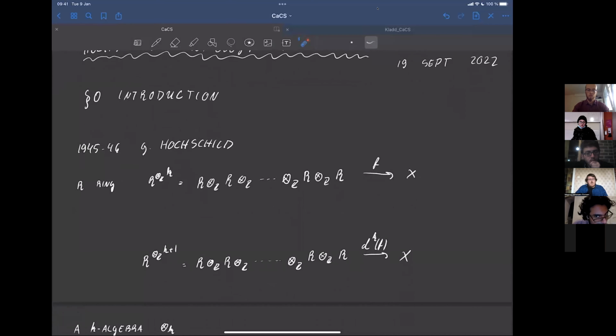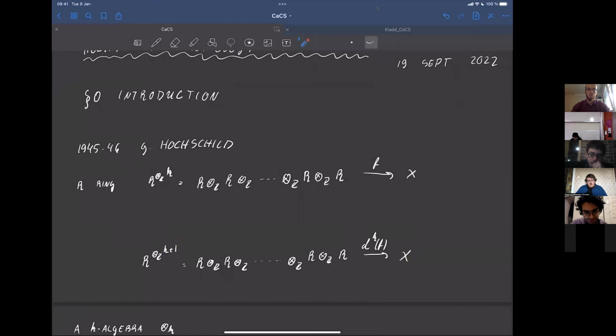The combinatorial idea here is, if you study maps from a K-tuple of the ring, so tensor with itself K times, into R itself, or more generally a bimodule, how can you get a map from a larger tuple? Let's say we add one more object into the same bimodule where the values are. The way you do this in Hochschild cohomology, I mean, there are many ways this can be done.